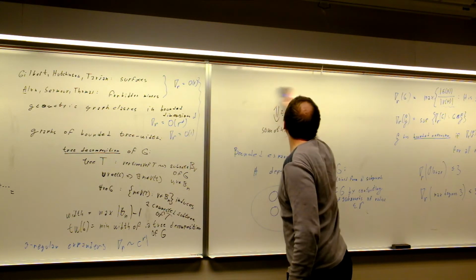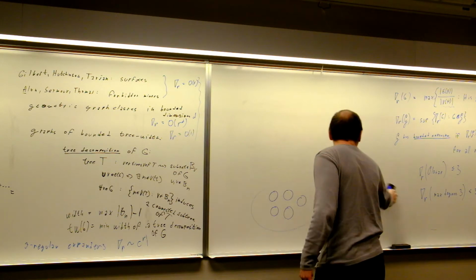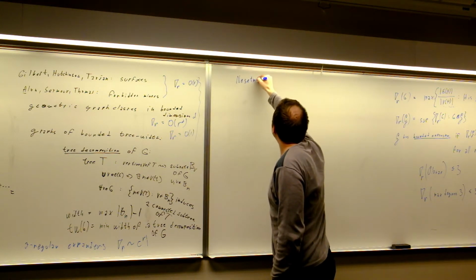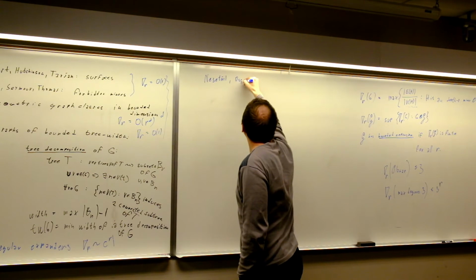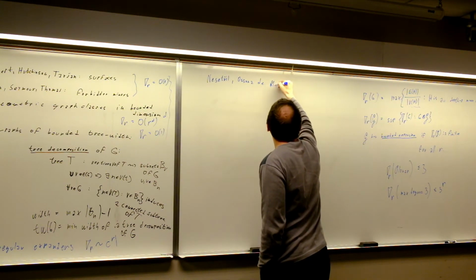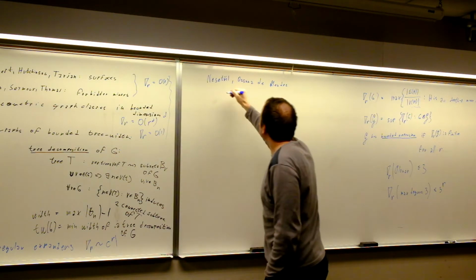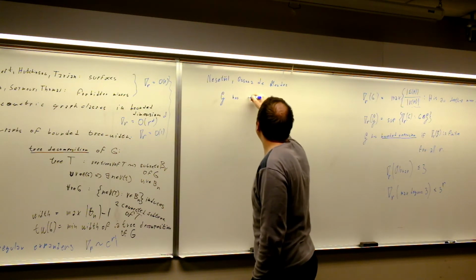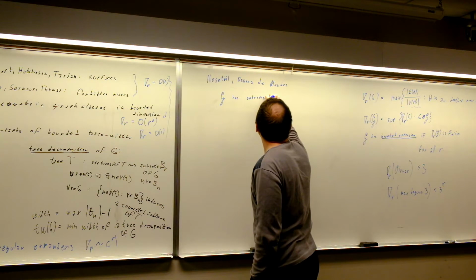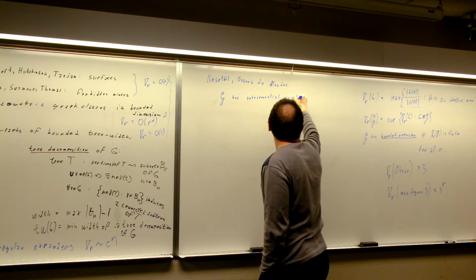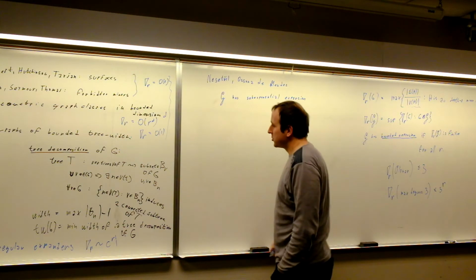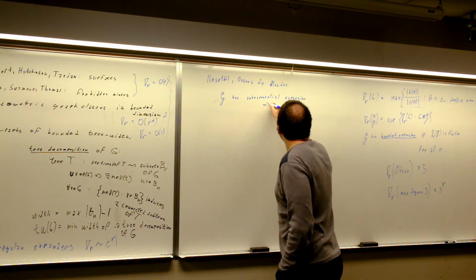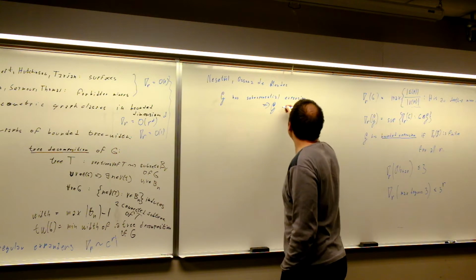There is a result by Nešetřil and Ossona de Mendez that tells you that if G has sub-exponential expansion, so with nabla r bounded by some sub-exponential function, then G also has sublinear separators.